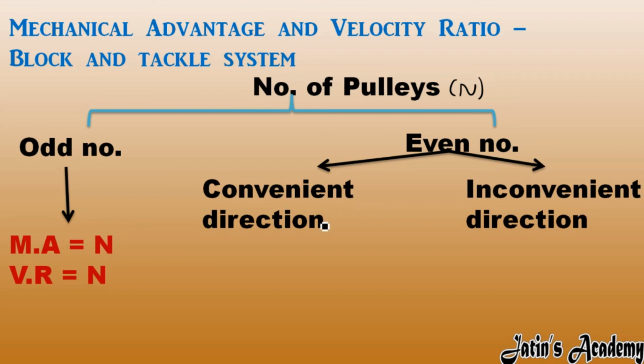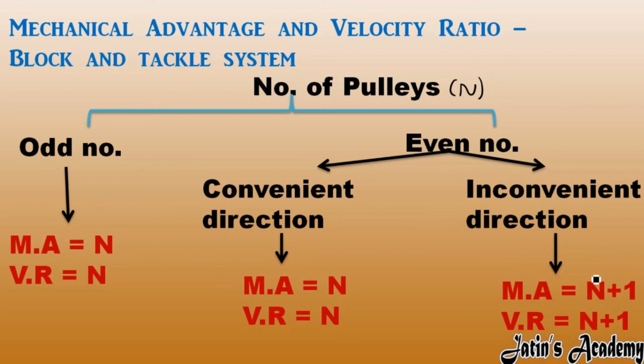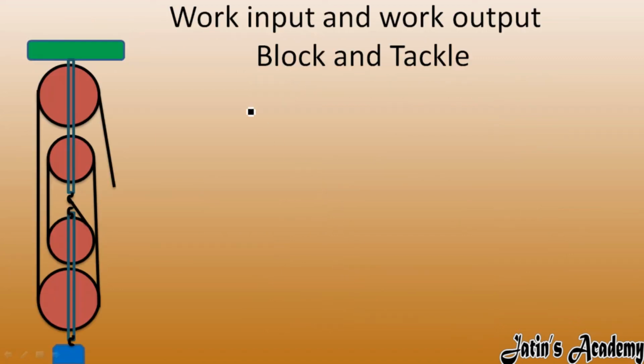For convenient direction, mechanical advantage and velocity ratio are equal to the number of pulleys, and for inconvenient direction, mechanical advantage and velocity ratio are 1 more than the number of pulleys. So if you have 4 pulleys, which is an even number, then for convenient direction mechanical advantage is 4 and velocity ratio is 4, and for inconvenient direction mechanical advantage is 5 and velocity ratio is 5. Clear?